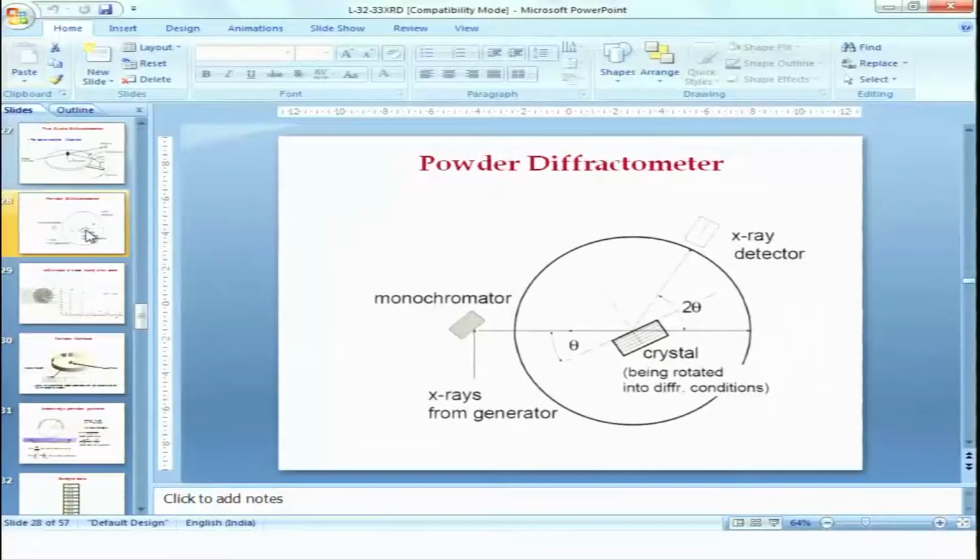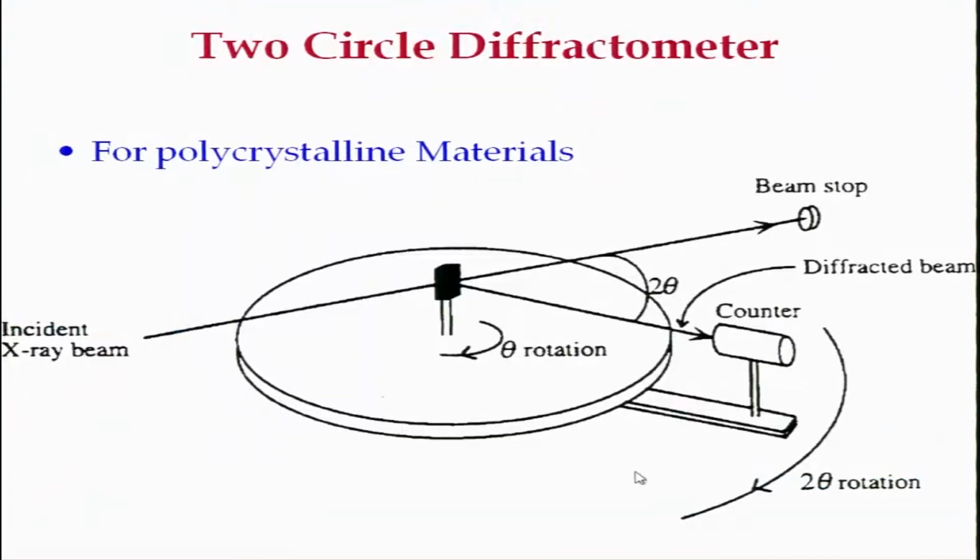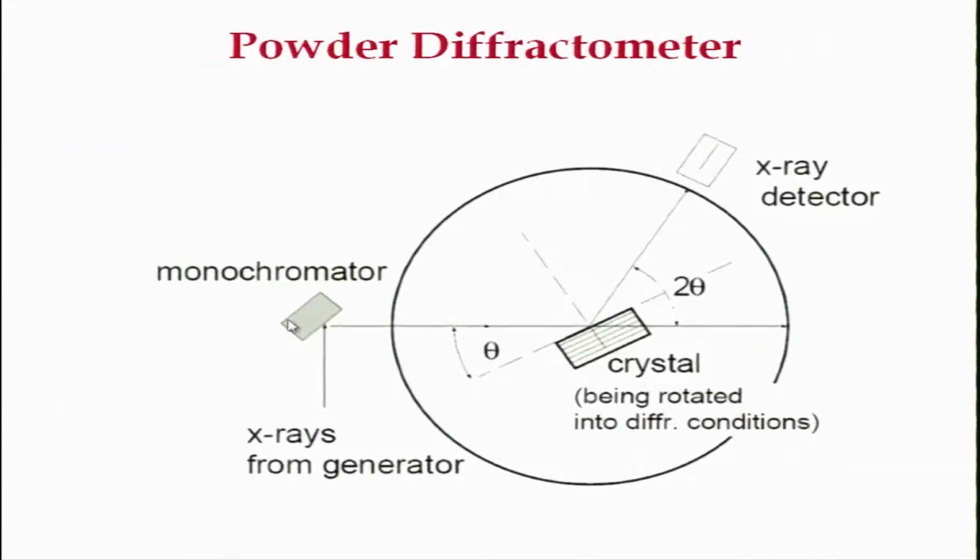So, basically the geometry of the diffractometer will look like this. This is your X-rays, they go through a monochromator or filter. The monochromator only allows one particular wavelength to go into the crystal. This is your sample.